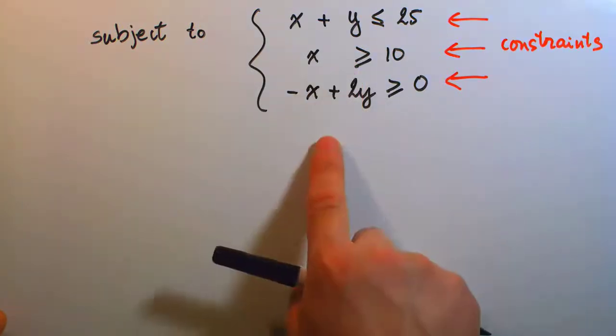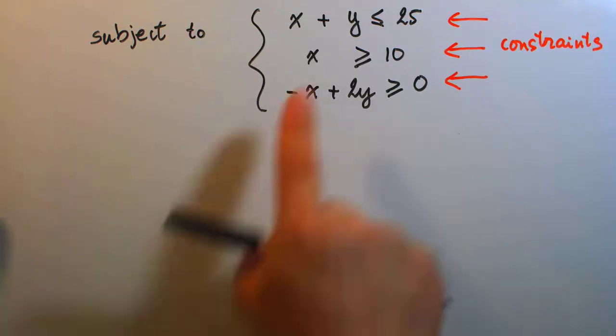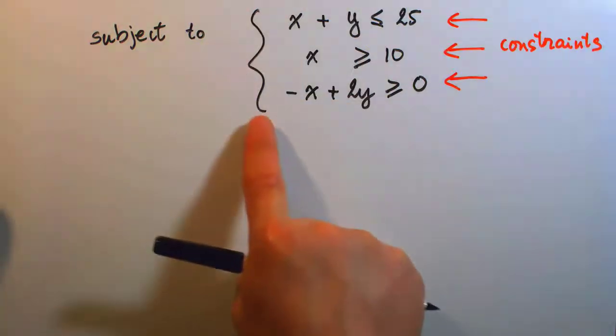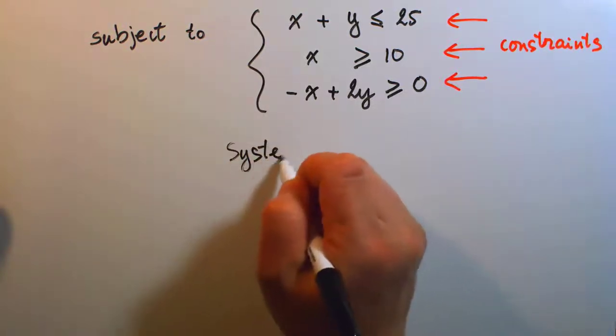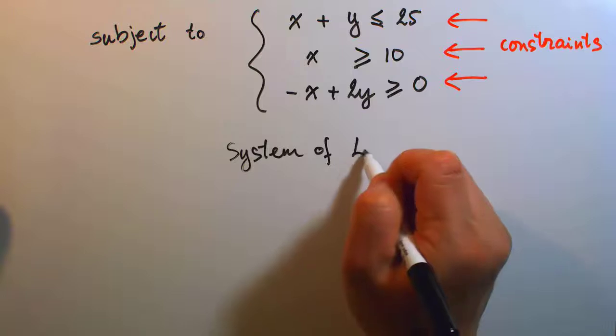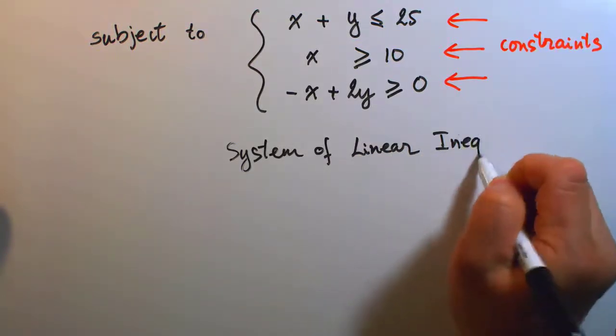Here we have 3 constraints, but some other problems have 4 or 5 constraints, but they're all in the form of some inequality. But in the end, all constraints together are put as a system of linear inequalities.